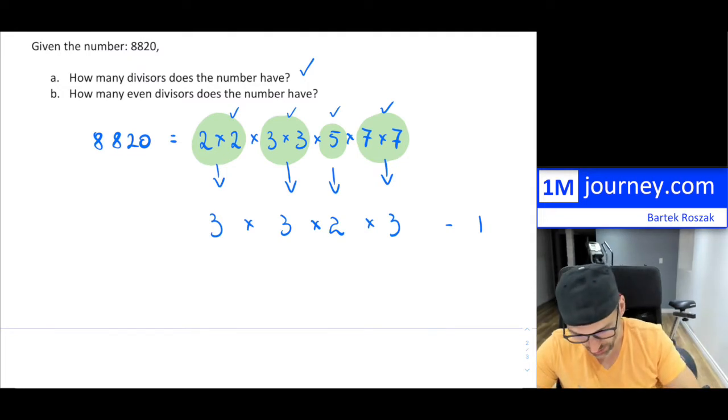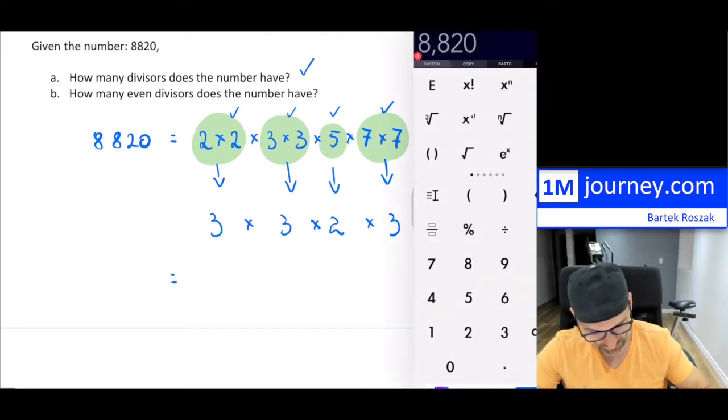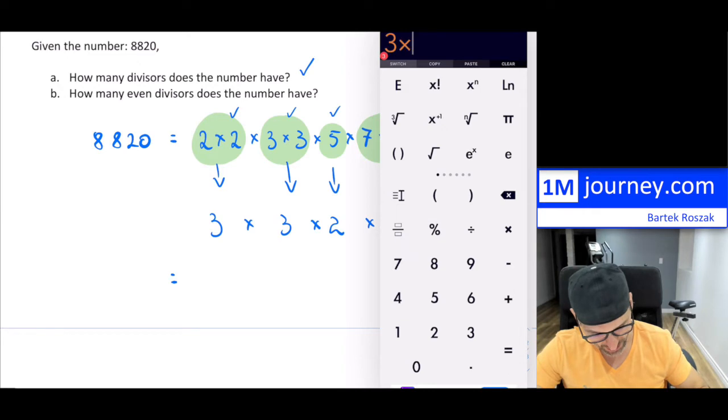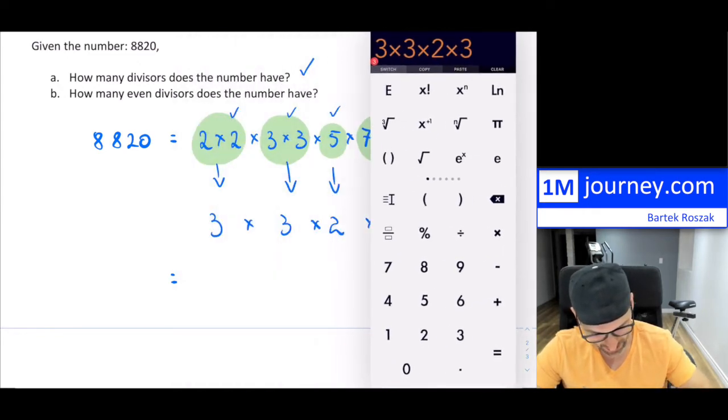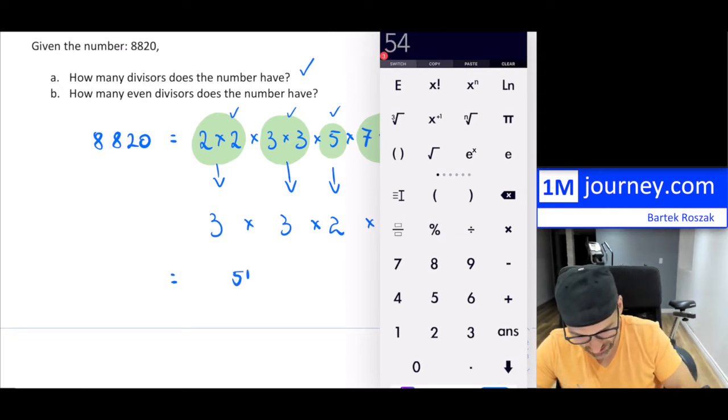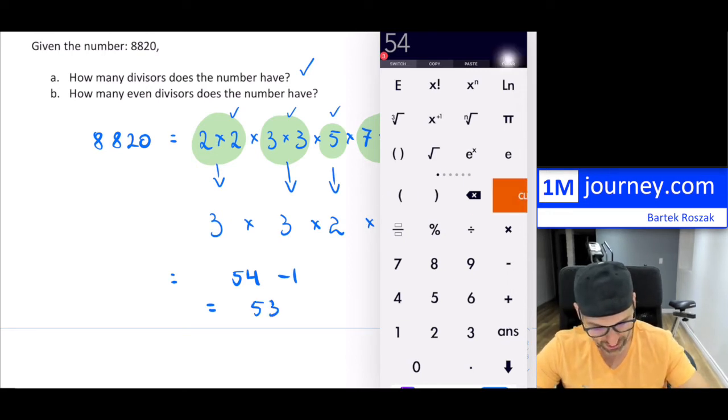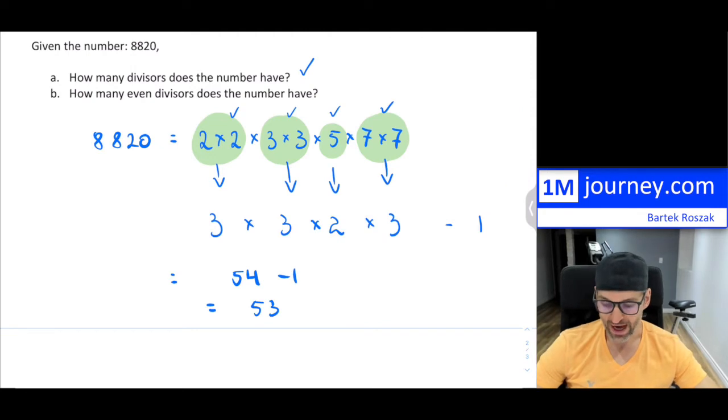So this is 3 times 3 times 2 times 3, so that's 54 different divisors, minus the empty set, so 53. Quite a lot, right? And that's how you can find the number of divisors for any natural number. If you take prime factorizations, you can do that.